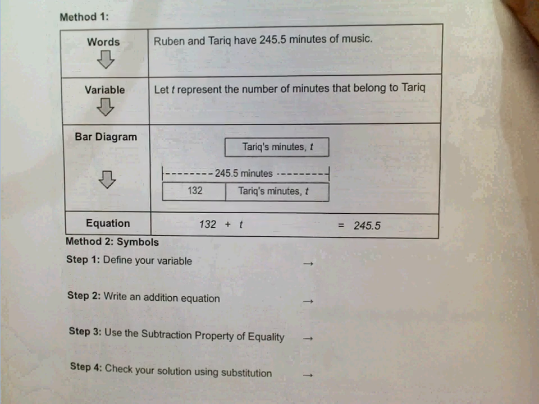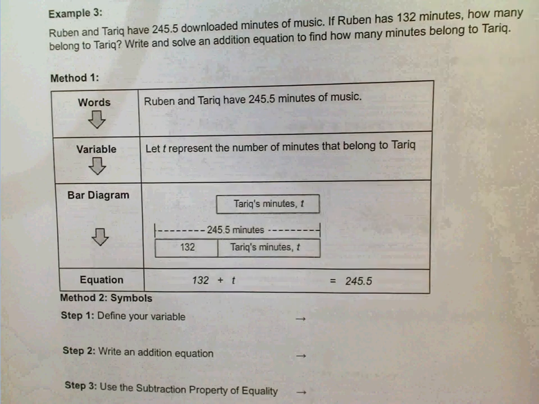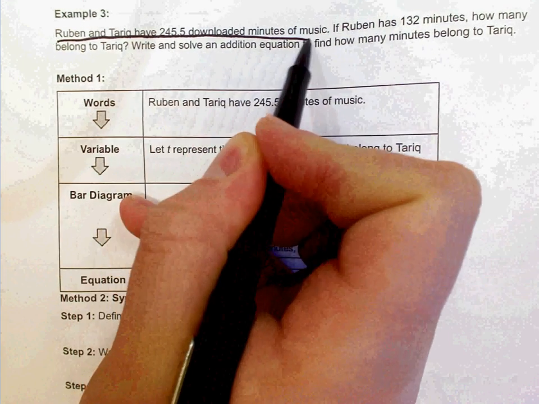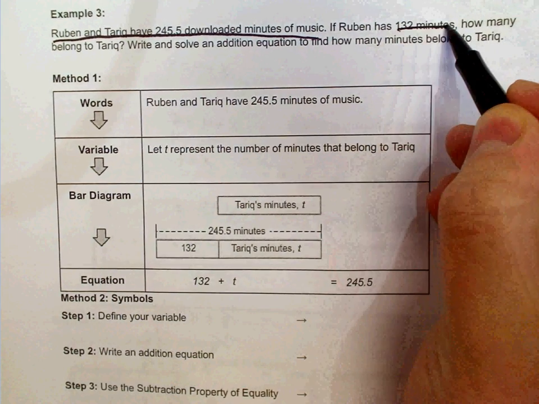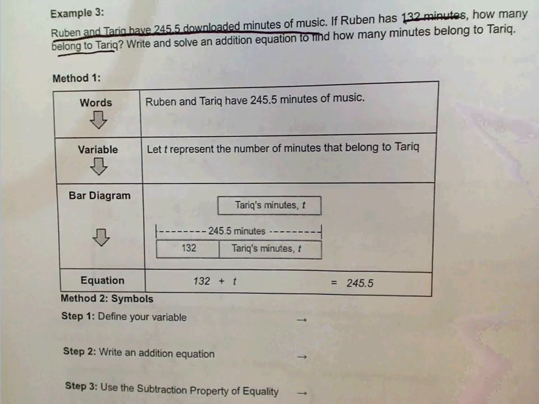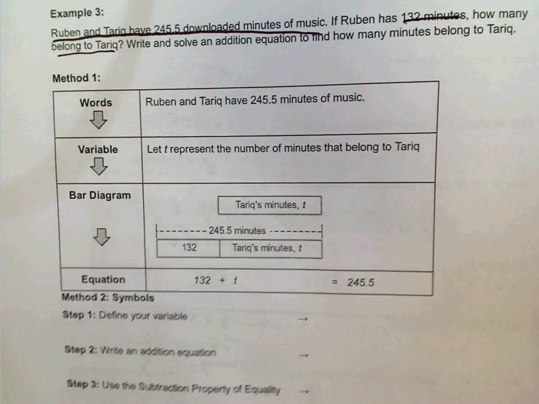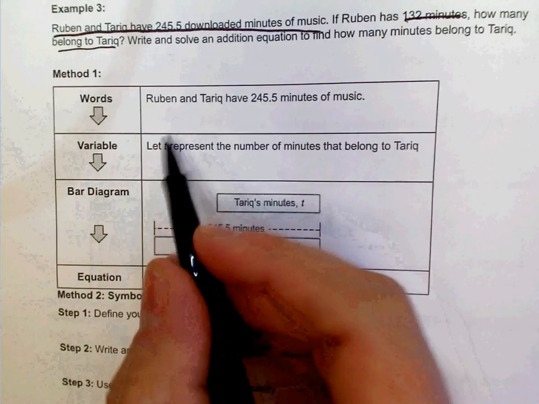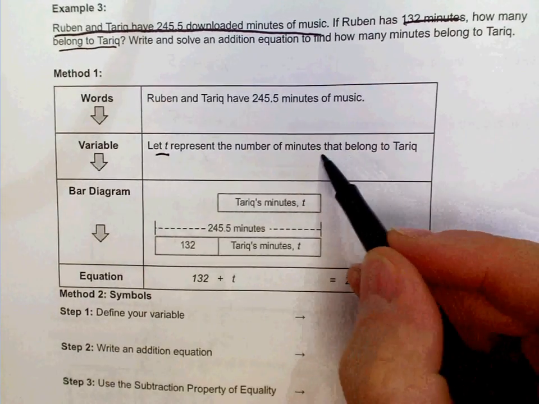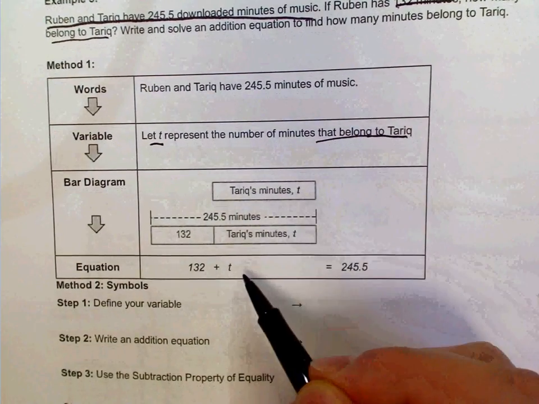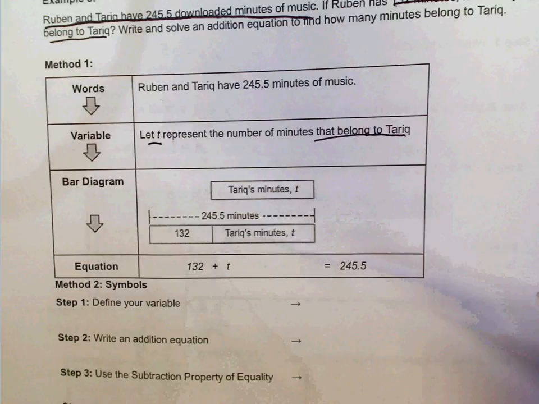Example 3. Ruben and Tariq have downloaded 245.5 minutes of music. If Ruben has 132 minutes, how many belong to Tariq? Write and solve an addition equation to find out how many minutes belong to Tariq. Okay, we have to find out what our unknown is. Our unknown is T, and that's how many minutes belong to Tariq. Now, Tariq's minutes is T, Ruben's is 132.